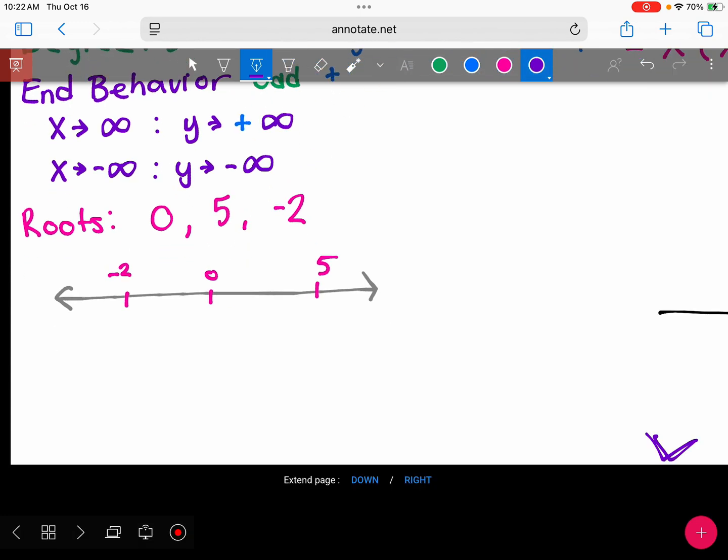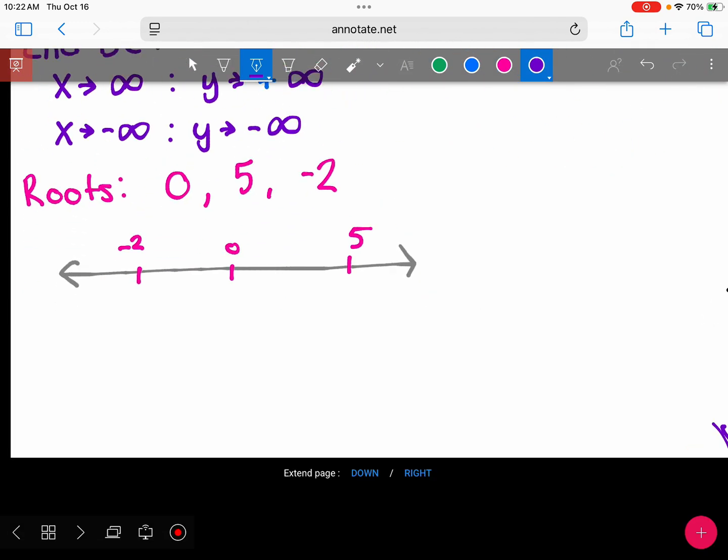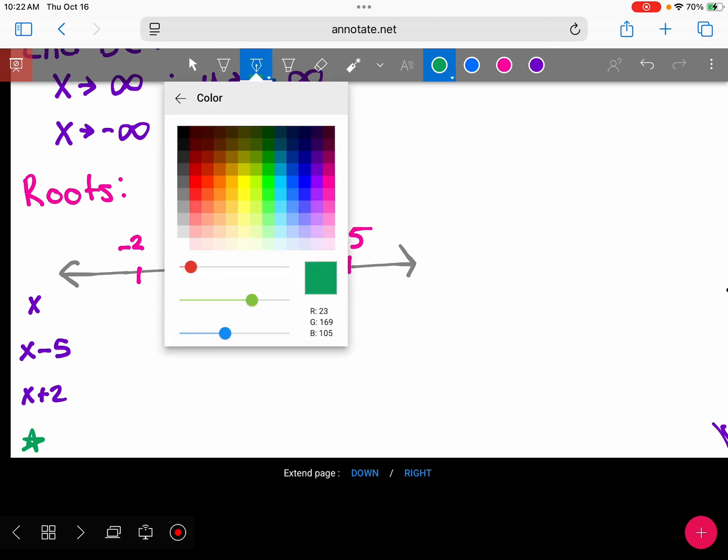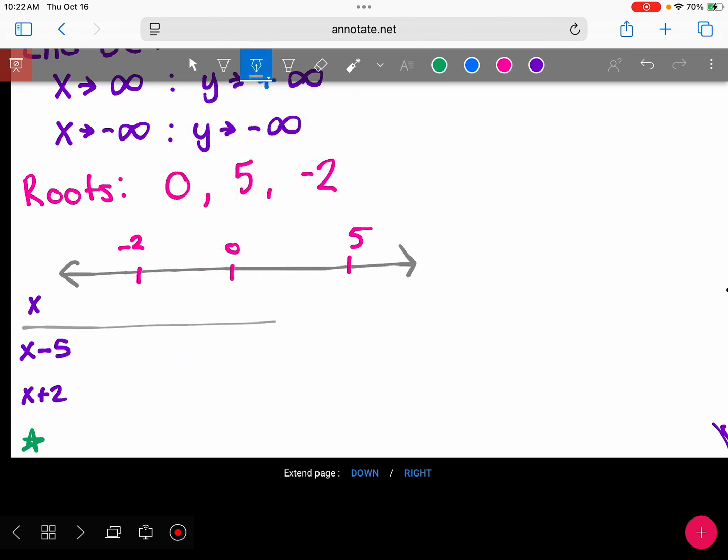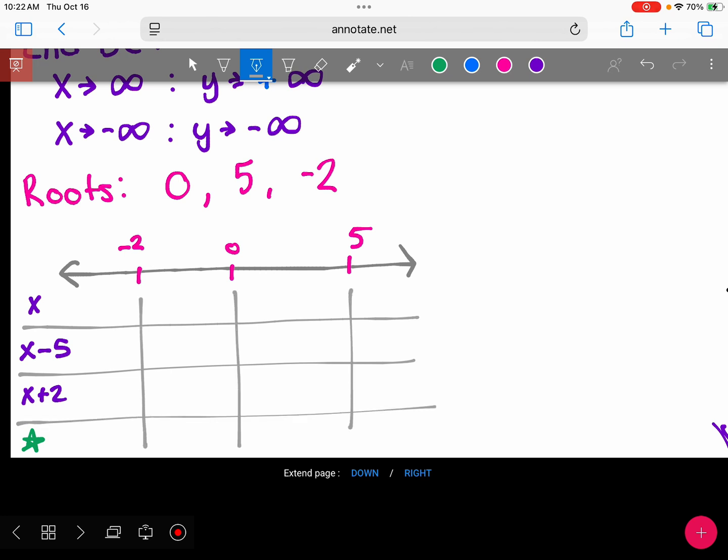And we put all of our factors in a column down the left where we'd have our x and our x minus 5 and our x plus 2. Like this. And we want to know when our function combined together is positive versus negative.